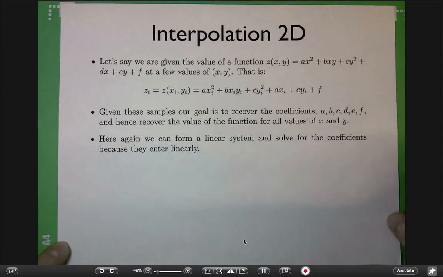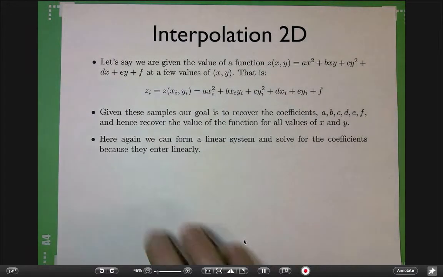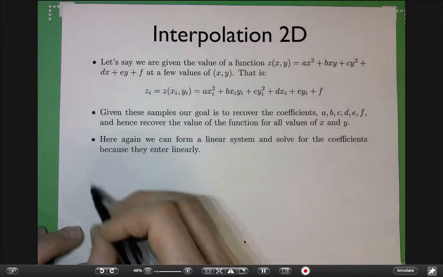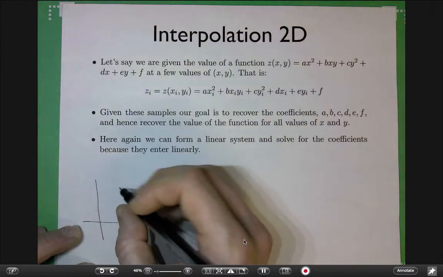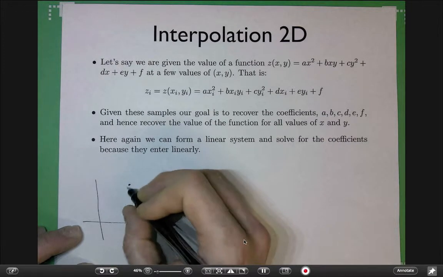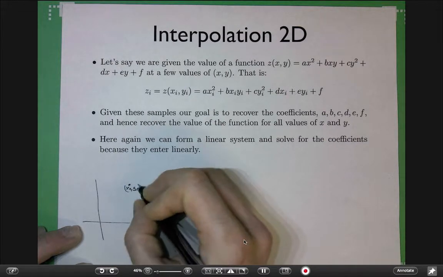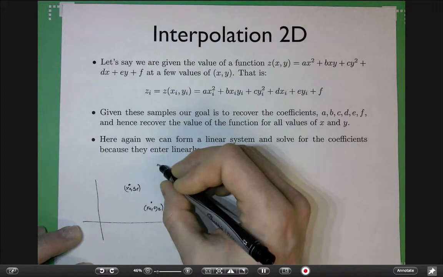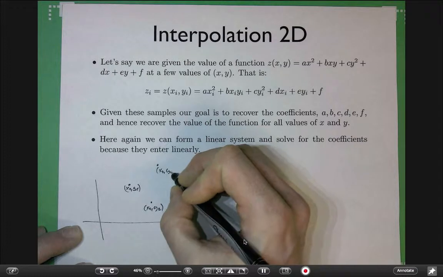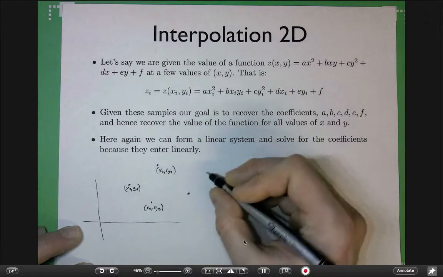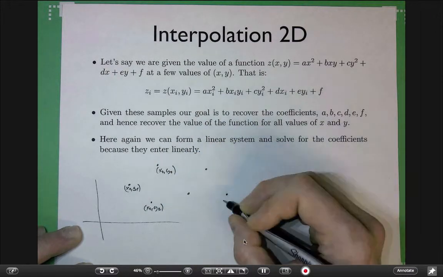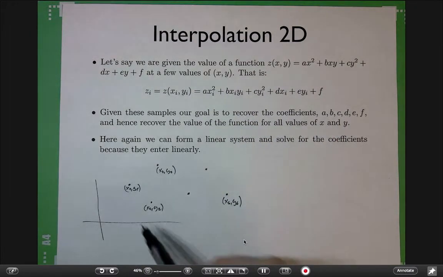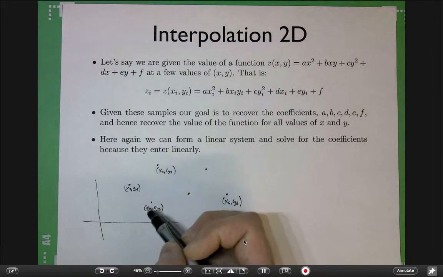In 2D it gets even more interesting. So the setup would be that I have some points in the plane. So I have a plane as usual, and somebody tells me points x1, y1, can be anywhere, x2, y2, x3, y3, and 3 more, up to x6, y6, and tells me what will be the values on these points.